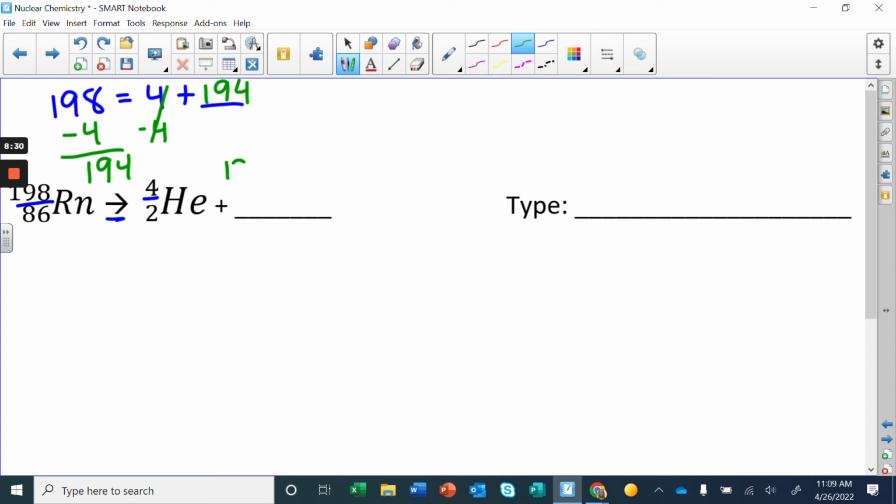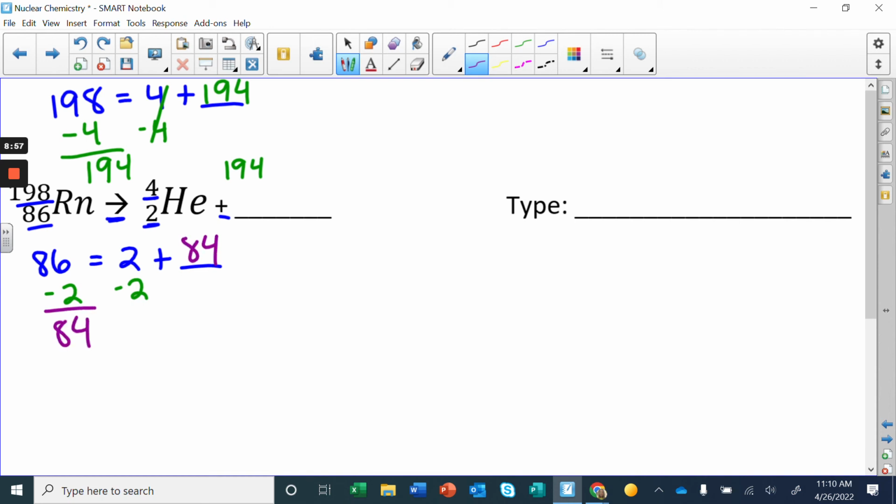So 194 on top. On bottom, we have 86. Again, the arrow is the equals. 2 plus blank. We subtract 2 from each side, and we get 84. So 84 is our bottom number.